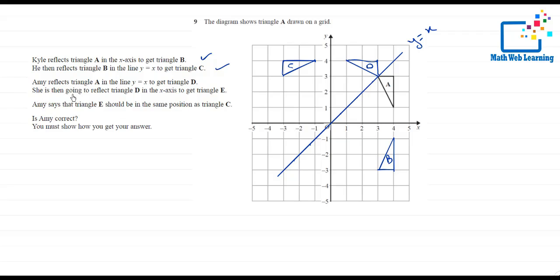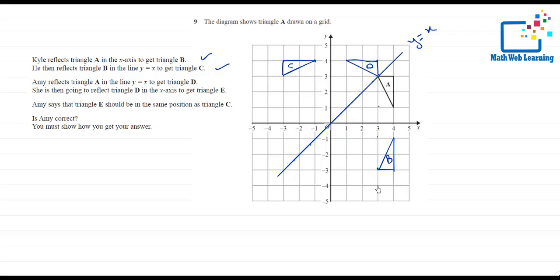And then we reflect triangle D in the x-axis to get E. So let's do that. How far away is it? If I do this corner, 1, 2, 3. We're going to count 1, 2, 3, that corner there.